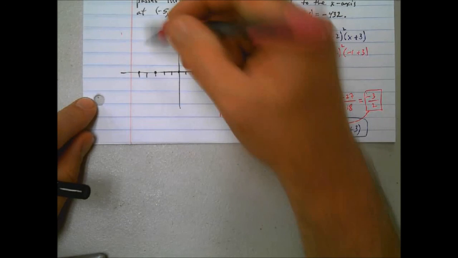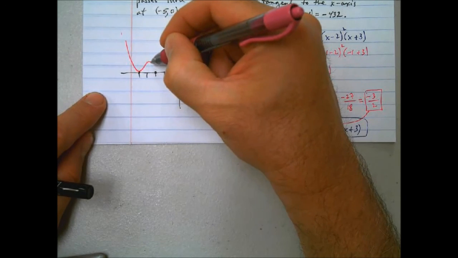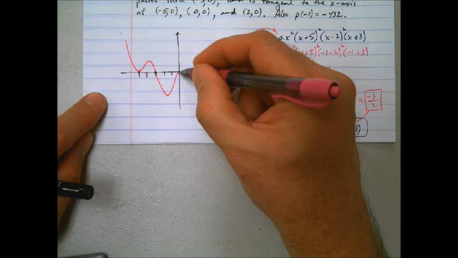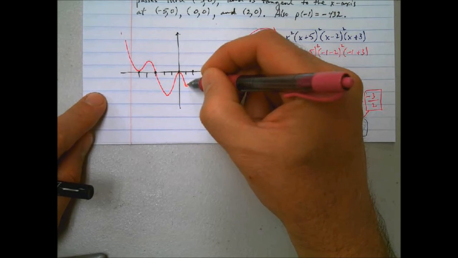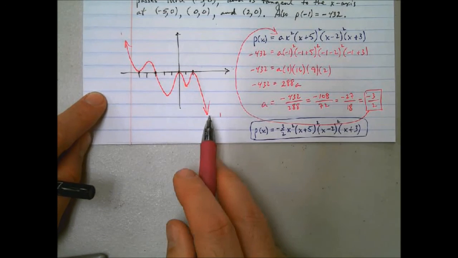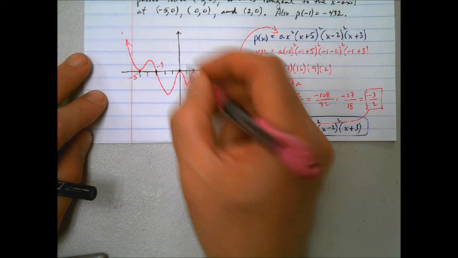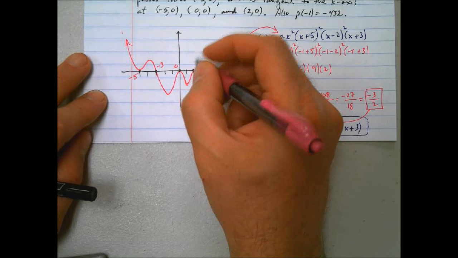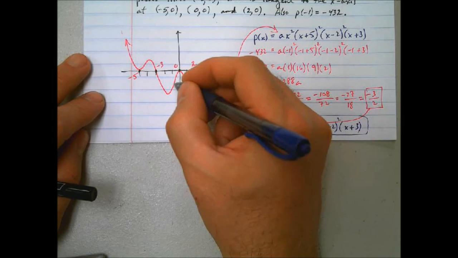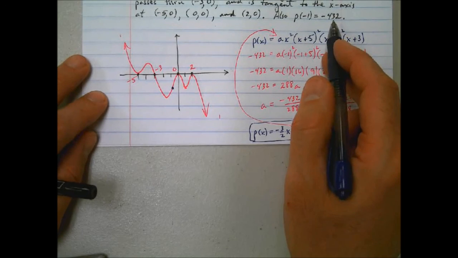So starts high, bounces, goes through, bounces, bounces, and finishes low. Okay, so that's -5, that's -3, that's 0, that is 2, and at -1, we're saying it's at -432.